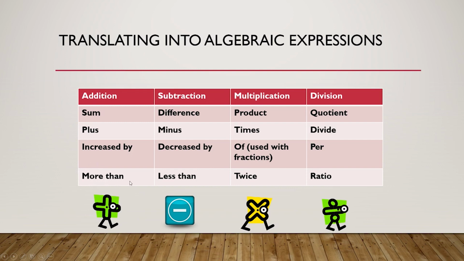With subtraction, it does matter. So when you see less than, you have to switch the order. So 2 less than 4 would be 4 minus 2. If you see the word twice, then that's 2 times whatever. You might see thrice, but I don't think so. Thrice would be 3 times.